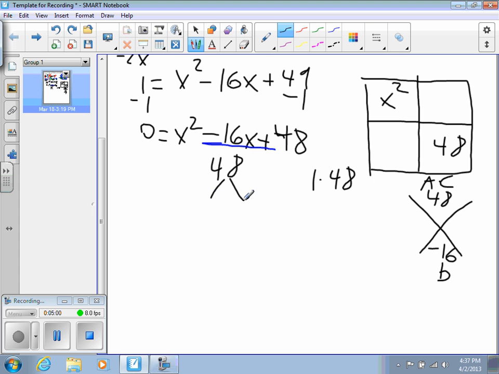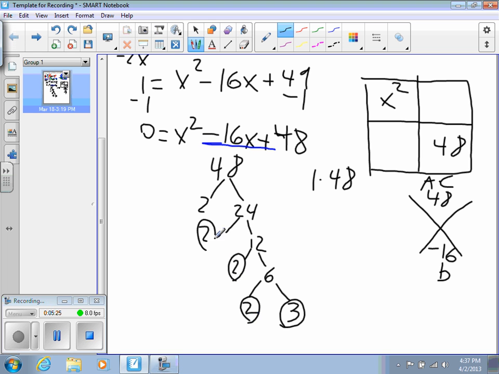So I'm going to do a factor tree for 48, and I've got 2 times 24, 2 times 12, 2 times 6, and 2 times 3. Let me circle all of my prime factors.